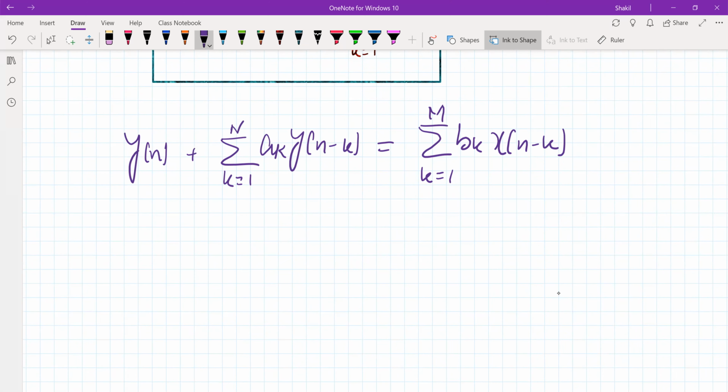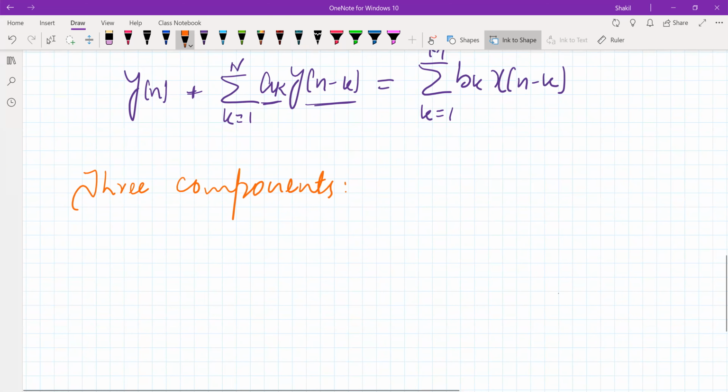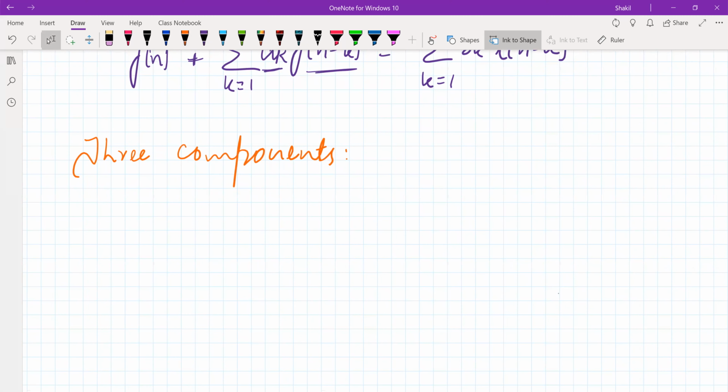So there is a summer, there is a multiplier, and there is the delay component. So these are the three components that are required to realize this system.